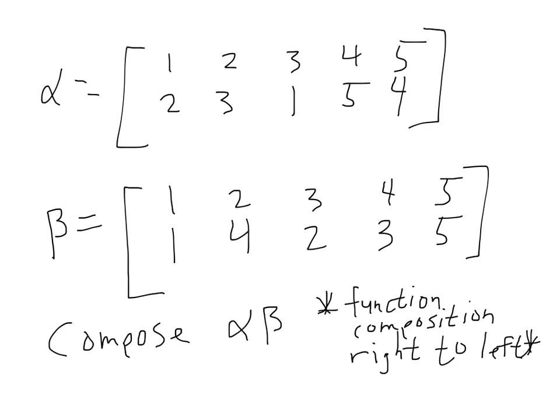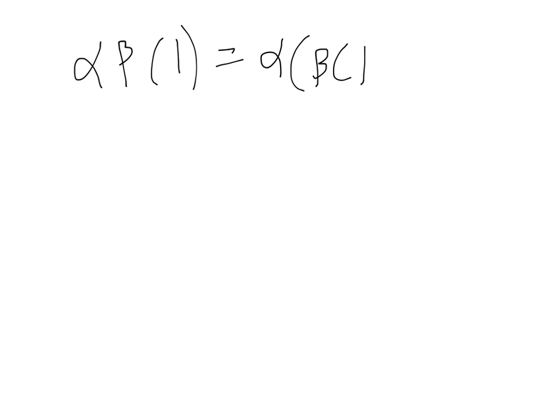So essentially what we want to do is beta and then afterwards do alpha. So if I want to know what alpha beta does to the element 1, first I would figure out what beta does to 1, and then afterwards I would apply alpha. So beta of 1 is 1. And alpha of 1 is equal to 2.